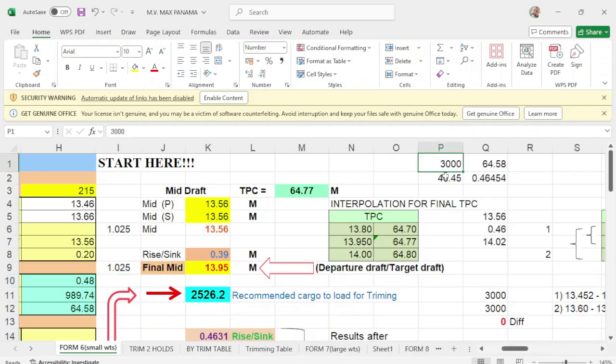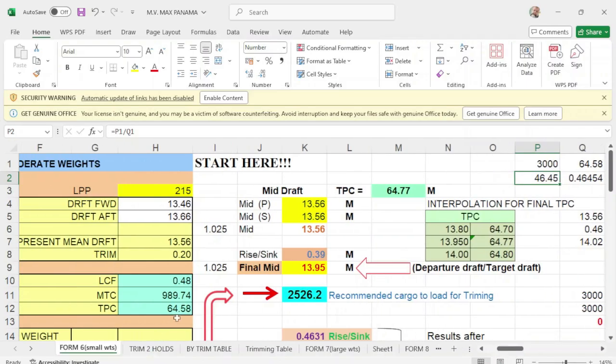So I put here 3,000. That will be our remaining cargo to load, and our TPC from the present drop is 64.58.